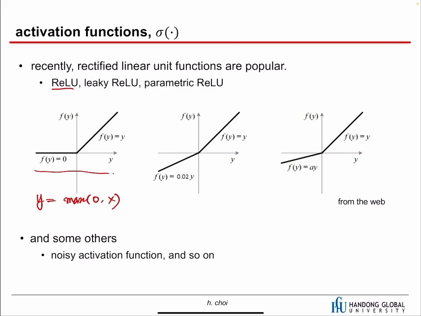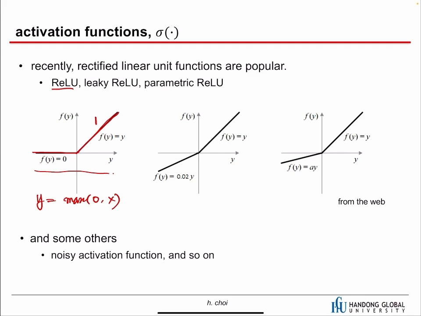So this one is a nonlinear function. But in this area, the derivative of the function is 0. The value is 0 and the derivative is 0. And for this part, the value is x. The derivative of this function is 1. That is important, so we're going to talk about it later.